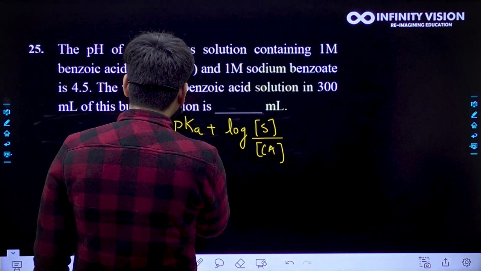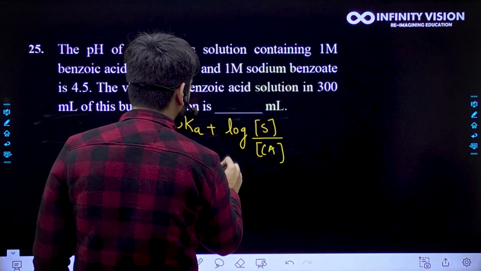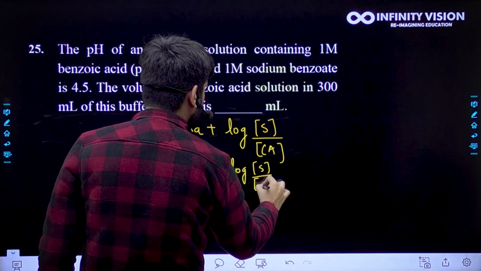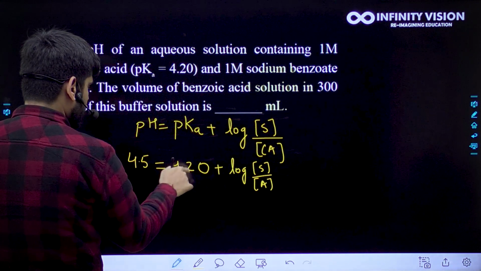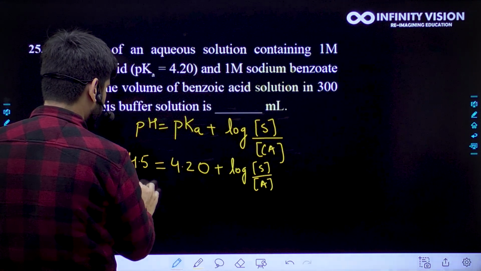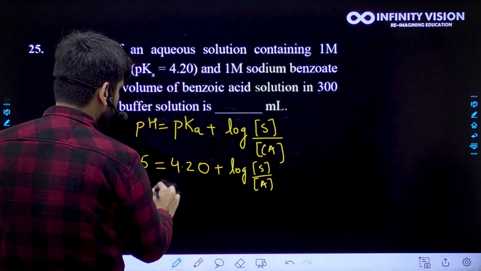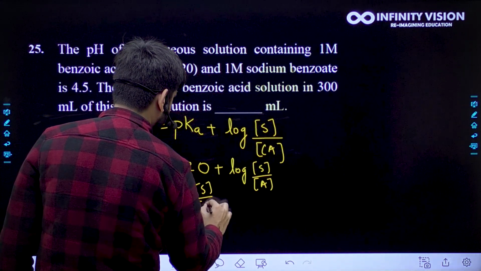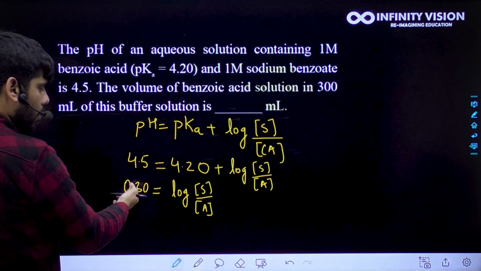All right. So 4.5 is equal to 4.20 plus log of salt concentration upon acid concentration. So basically, if I take this 4.2 to this side, it will be 0.30, that is log of salt concentration upon acid concentration. Now this is log 2.